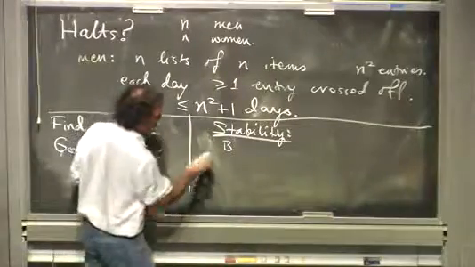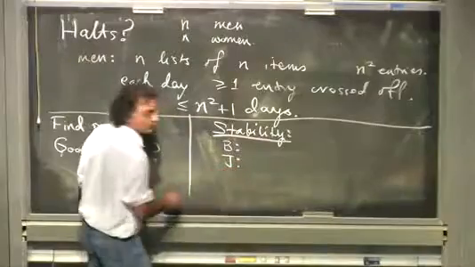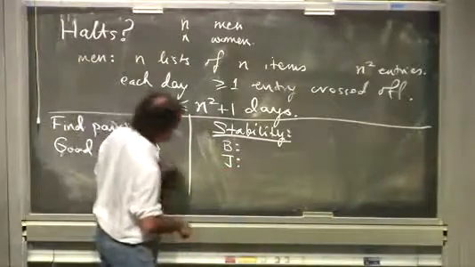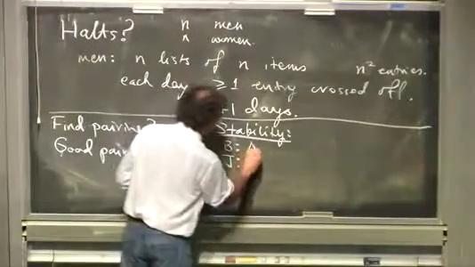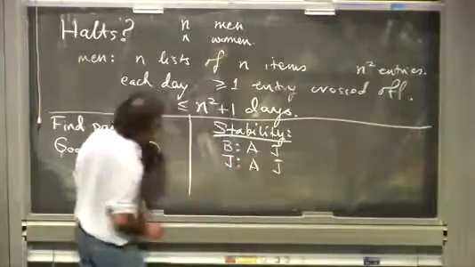You have two men, Brad and Justin, and two women, let's say A and J, Angelina and Jennifer.